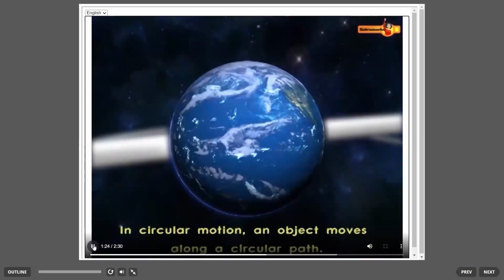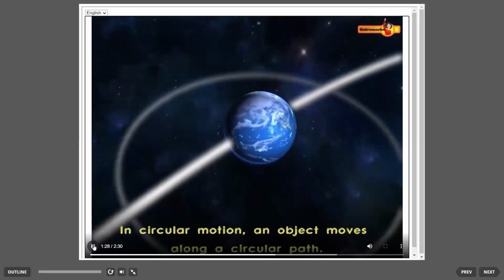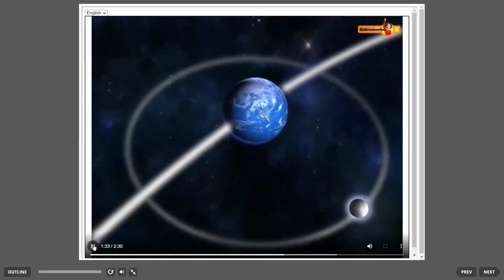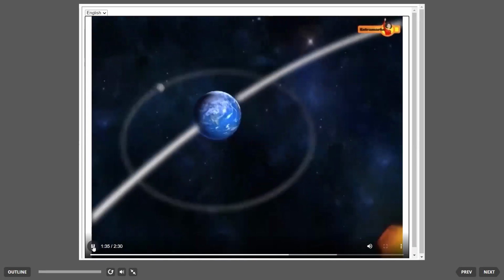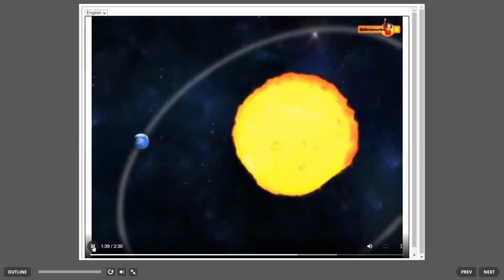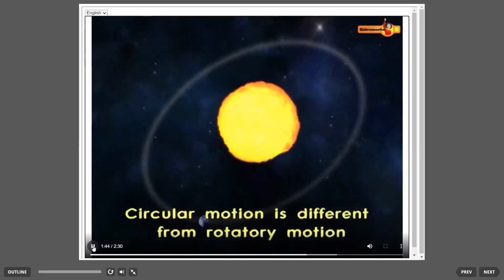When an object keeps on moving along a circular path, we call its motion circular motion. The moon revolves around the earth, or the earth revolves around the sun, are examples of circular motion. Circular motion is different from rotatory motion.